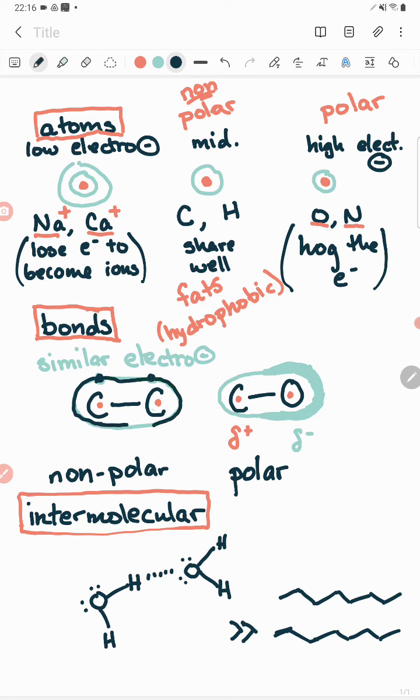And so if you look at the overall electron density, it's going to be equal around both atoms. This is something that you would see in a non-polar bond. This is also a nonpolar covalent bond where these electrons are being shared.